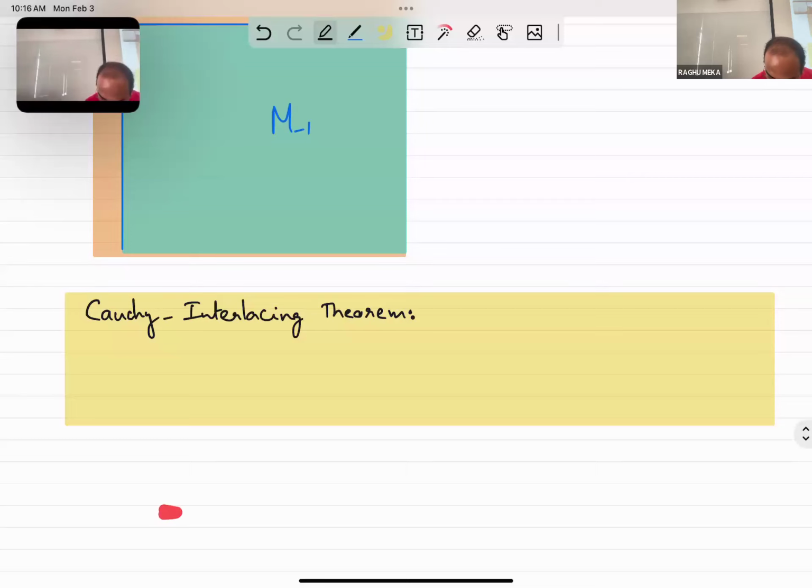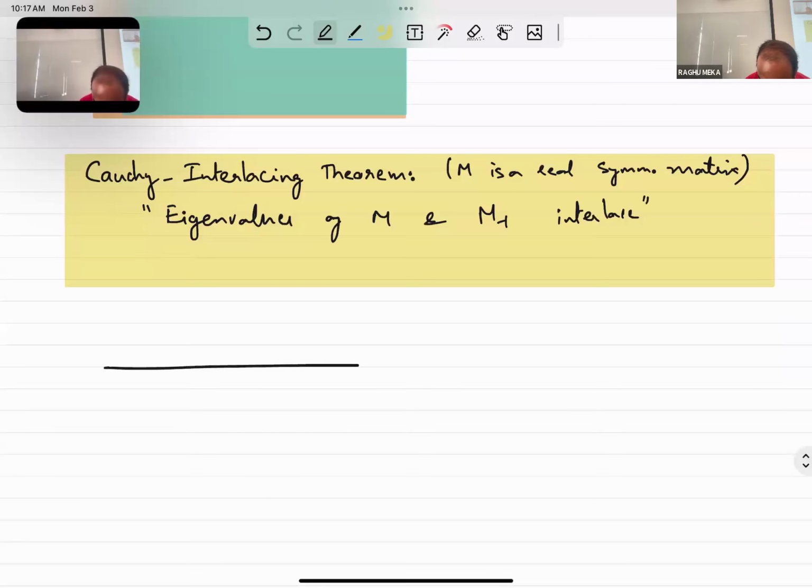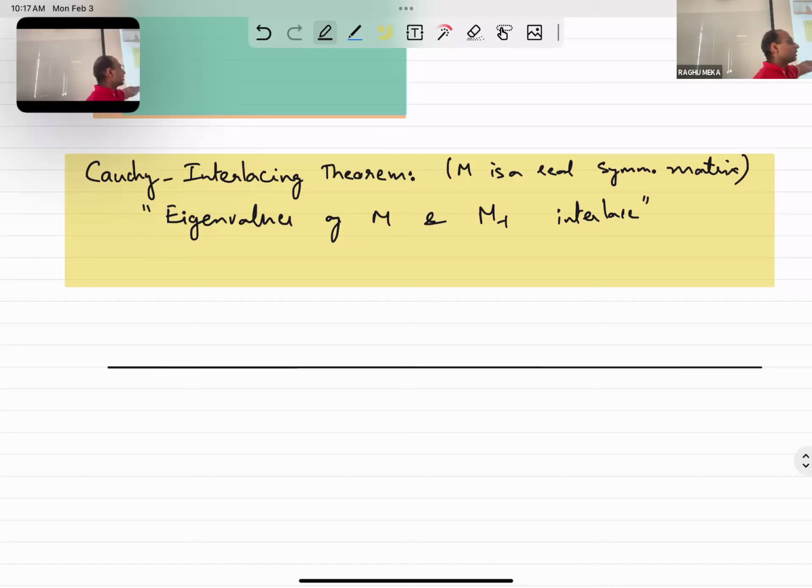Okay, so let me first state it in English. So eigenvalues of M, where M is a real symmetric matrix, and M minus 1 interlace. Okay, so what does this mean? Just imagine I draw a number line, okay, and I plot down the eigenvalues of M. And just for pictorial reasons, suppose they're all different.